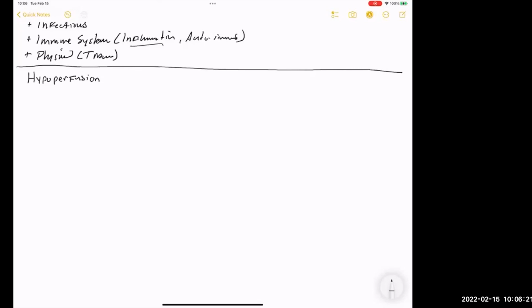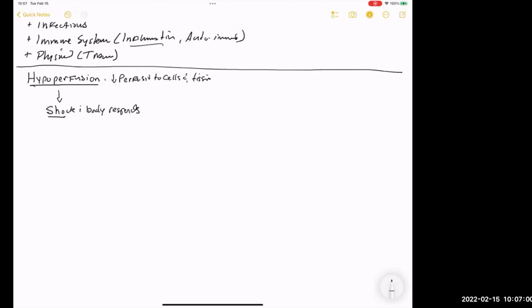When tissue perfusion decreases below normal, right? So you have a decrease in perfusion to the tissues, to cells and tissues. And what happens in hypoperfusion is the body's response is what's called shock. So think of shock as the body responding to hypoperfusion.